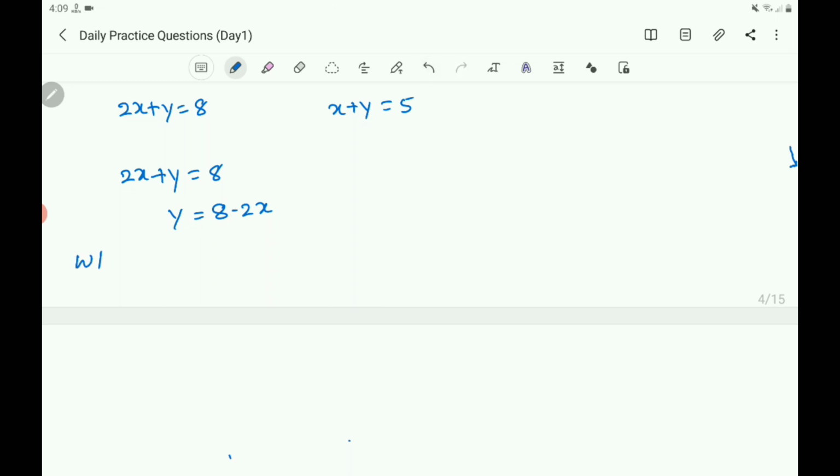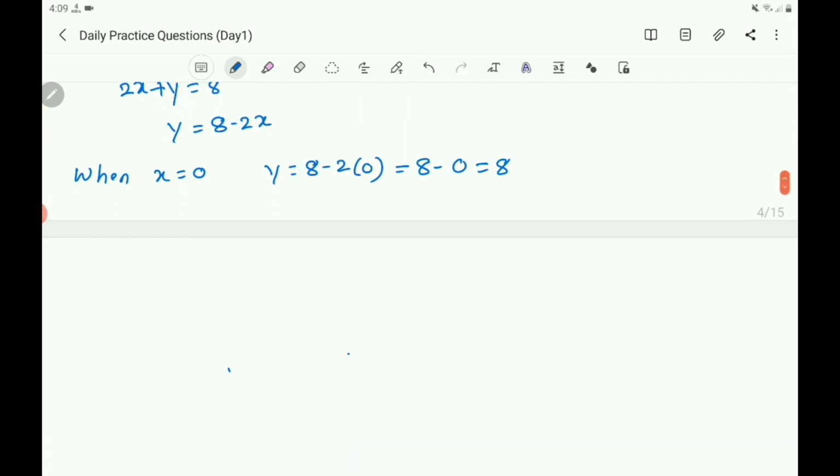When x equals 0, y equals 8 minus 2 into 0, that equals 8 minus 0, that equals 8. When x equals 1, y equals 8 minus 2 into 1, that equals 8 minus 2, that is 6.